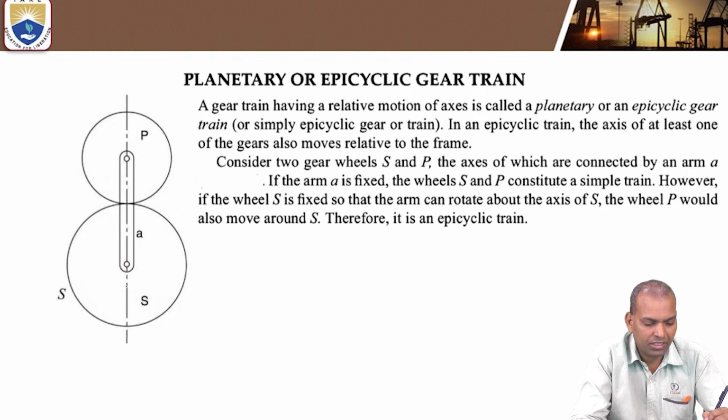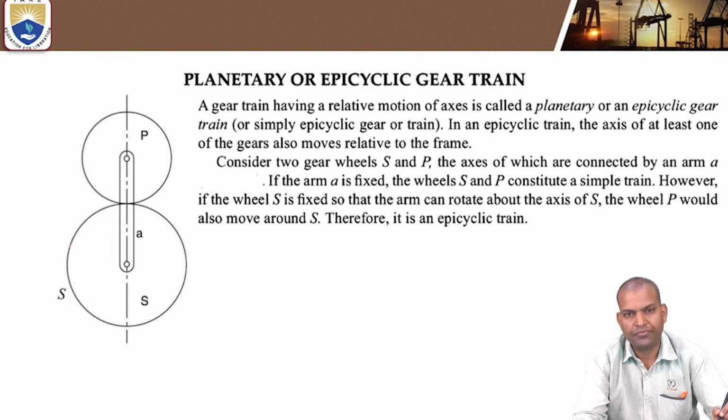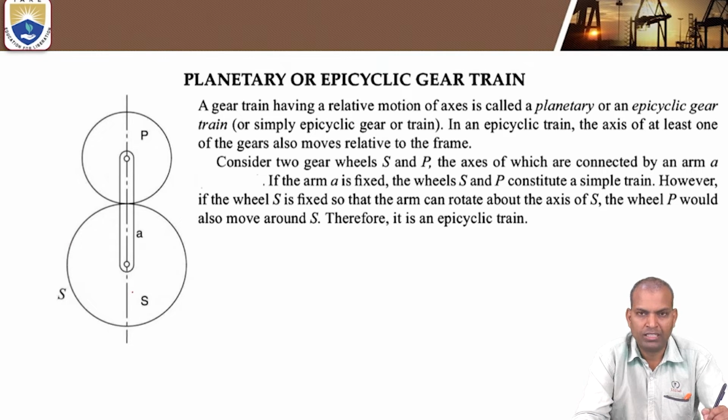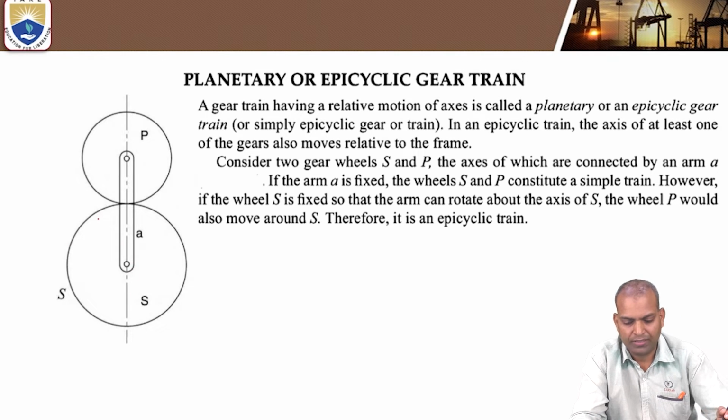That's why it is also called a sun and planet gear train. The axes of the S and P gears are different and movable; the axes of both gears will rotate. It is not fixed.